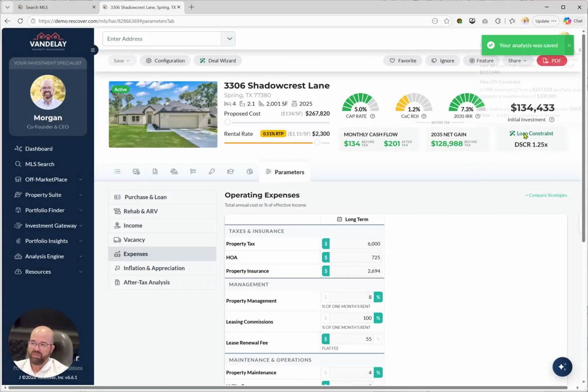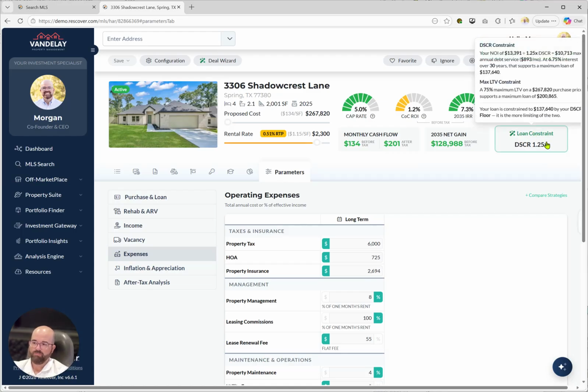What it's telling me over here is that my loan constraint right now, based on the way I have this set up, is based on the 1.25x debt coverage ratio. It says the debt coverage ratio will support a $137,000 loan, whereas if we were not constrained by debt coverage, based on the LTV, I could get a $200,000 loan.